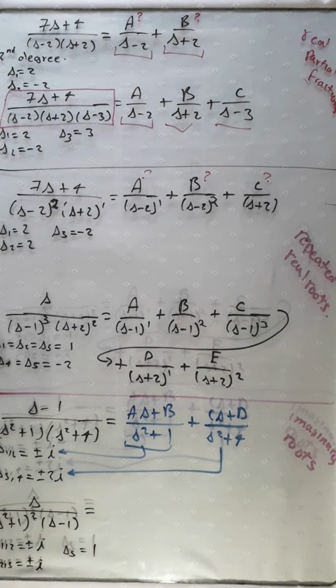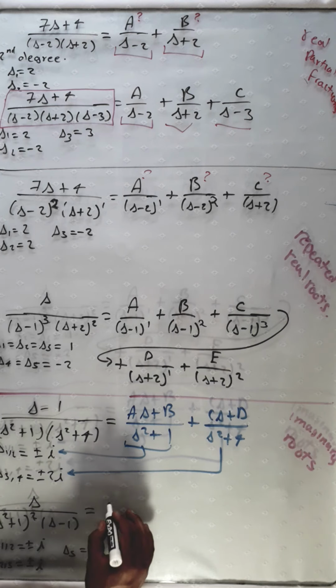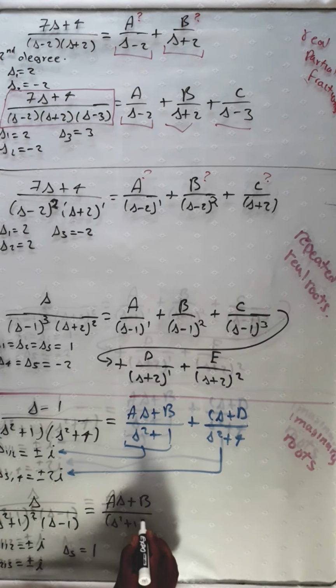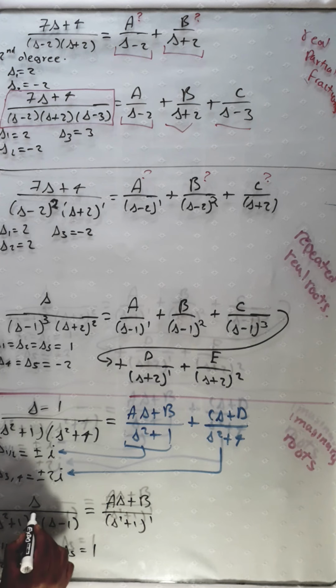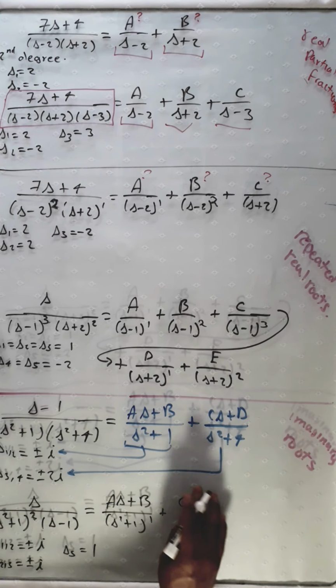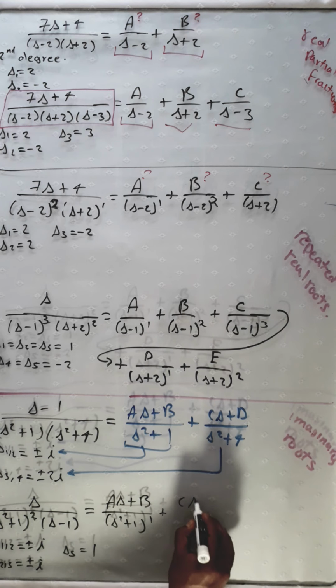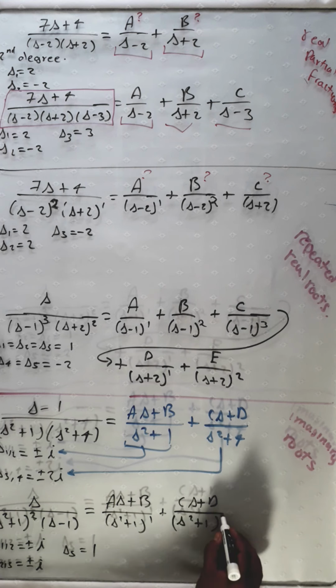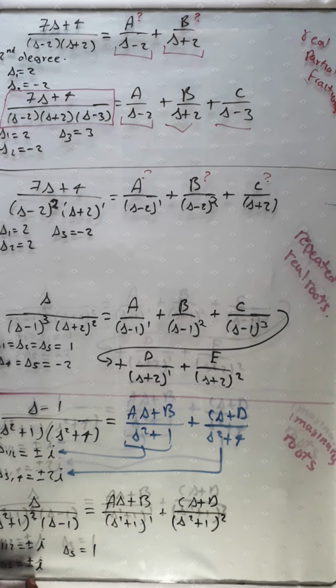How are you going to have 5 partial fractions like this? (As plus B) over (s squared plus 1) power 1. Now we are going to write the other two: (Cs plus D) over (s squared plus 1) power 2, and that comprises the other two repeated roots.